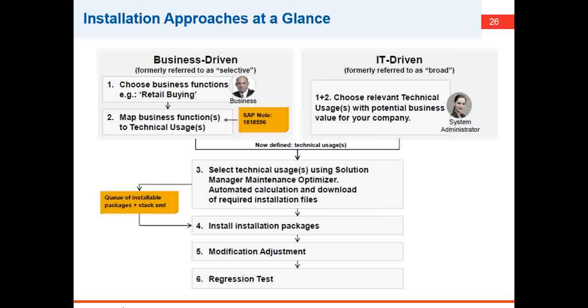If you have an industry solution, such as IS Oil, that one has to be installed. And that may be all that IT will choose to install. Or IT may simply say, gee, I don't know, and install everything. Either way, Maintenance Optimizer will help you calculate that and download the files. And from that point on, the entire process is the same for either approach.